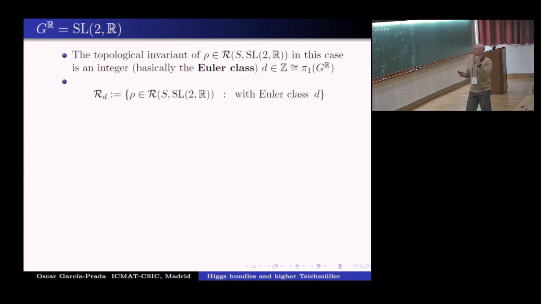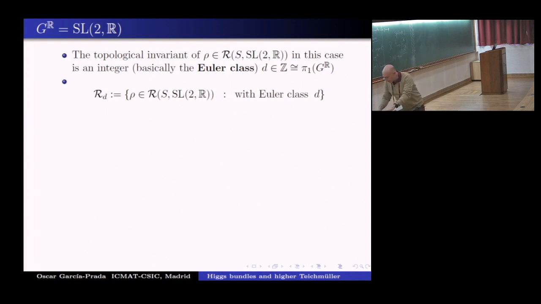So there is an integer that you associate to a representation in SL2R. This integer is basically the Euler class, because sometimes it is a multiple of it.